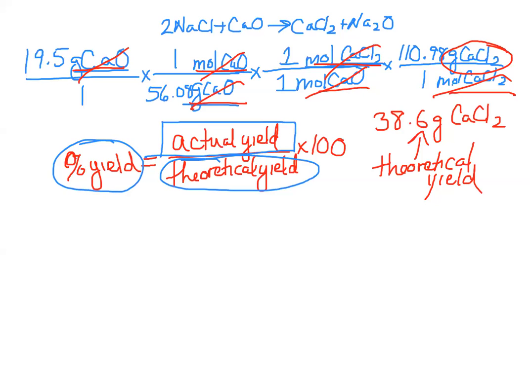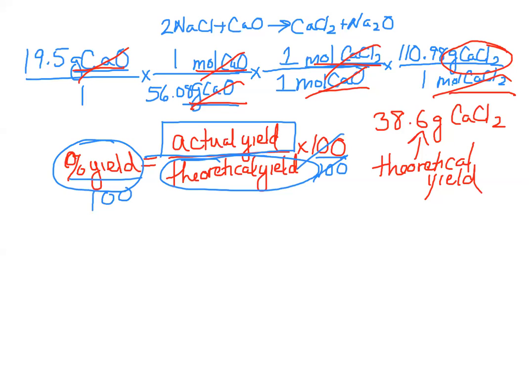How could we solve this equation for actual yield? Well, we want actual yield to be by itself on this side, so I'm going to divide both sides by 100, because that got rid of that, and I'm going to multiply by the theoretical yield so that it goes to the other side.